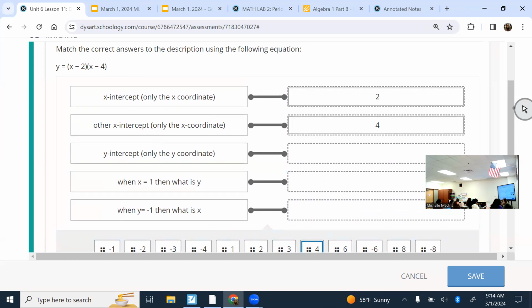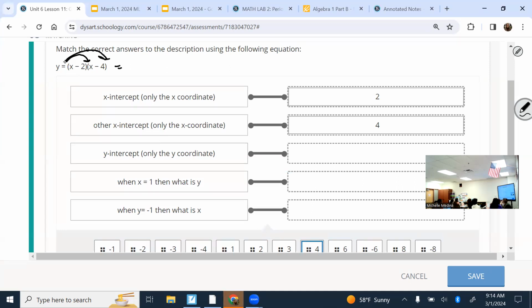All right, now my y-intercept. The only way we've learned so far how to find the y-intercept from factored form is to distribute this out, or FOIL it, whatever you want to call it, and simplify and then look at it.